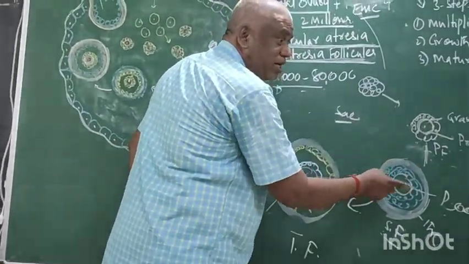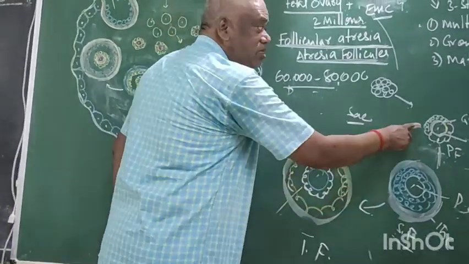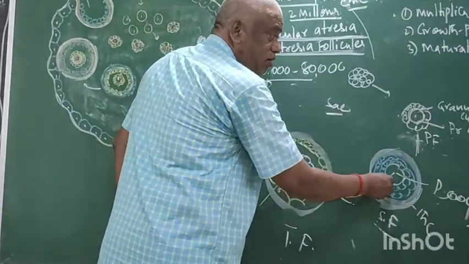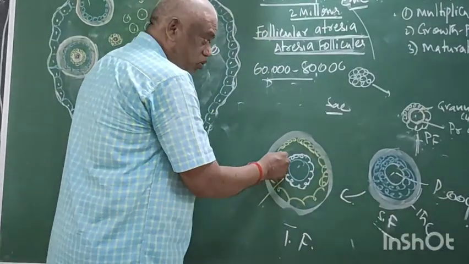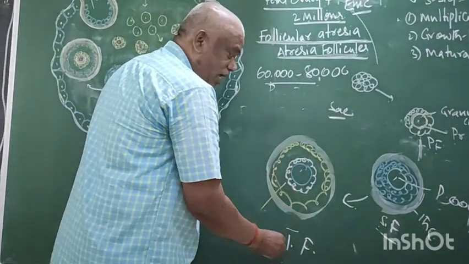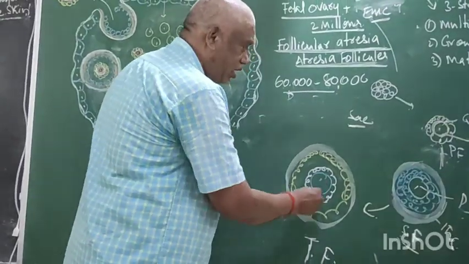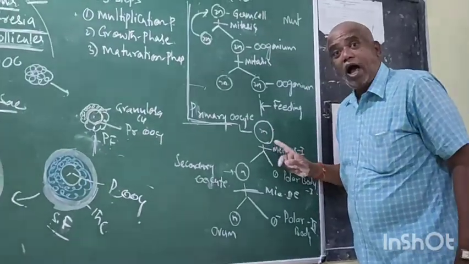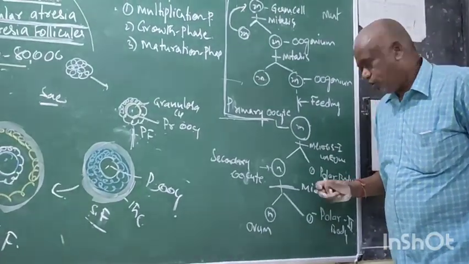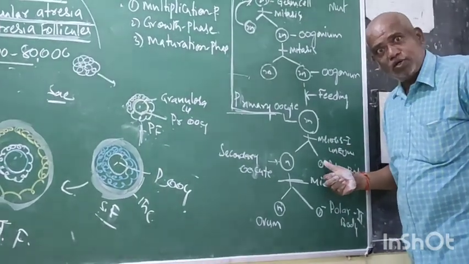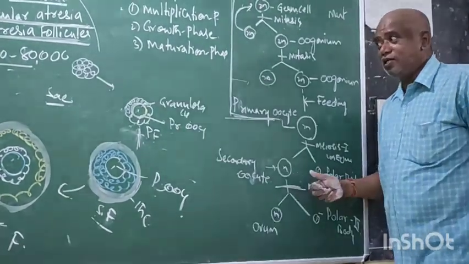Only the number of layers increases gradually. Single layer, two layers plus theca, here with the cavity. But at the end of the tertiary follicle, the oocyte undergoes meiosis and forms secondary.